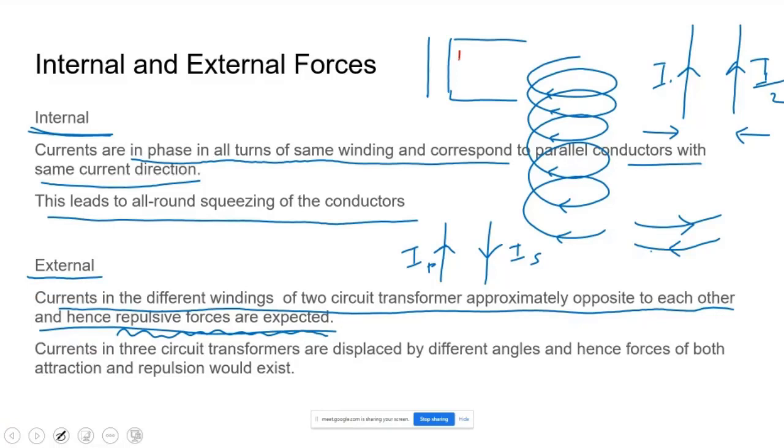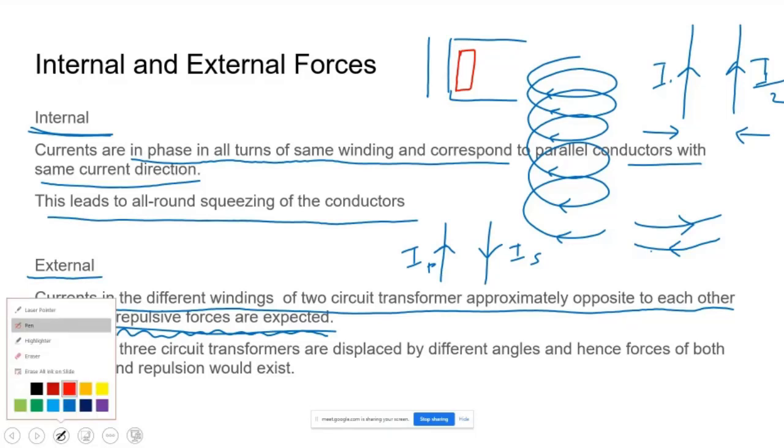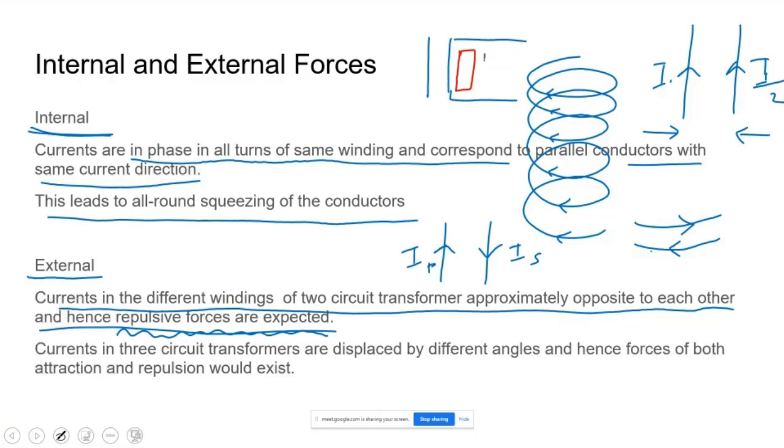Let this rectangle represent the cross section of one leg of the primary winding, and above that there is a secondary winding. These are actually two cylinders, as I told you. You have to imagine that.